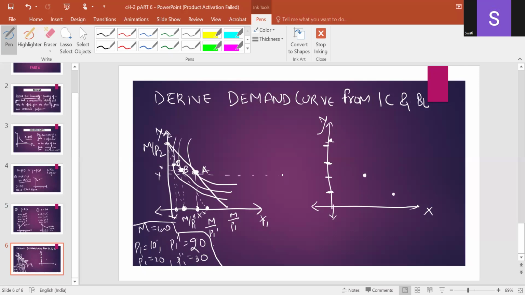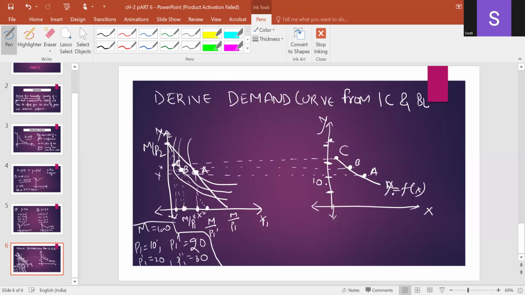Why? Let's see this. This is, let's say, the value of 10. Now it has increased to 20. The quantity demanded has decreased. So these become our points A, B, and C, and this becomes our demand curve.